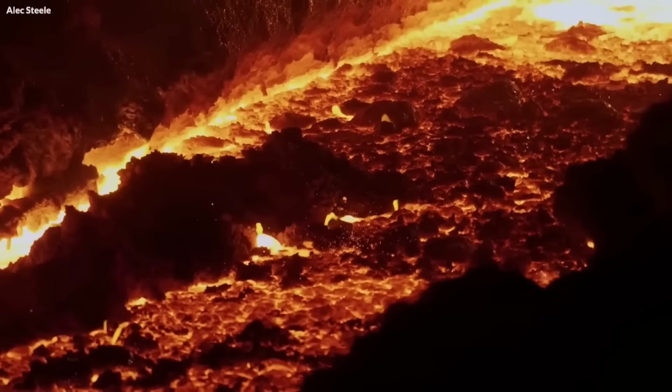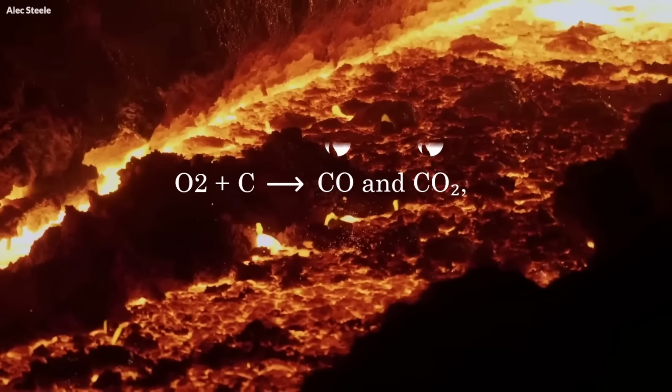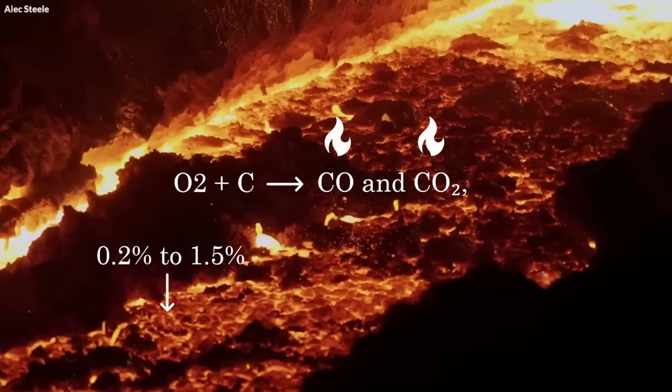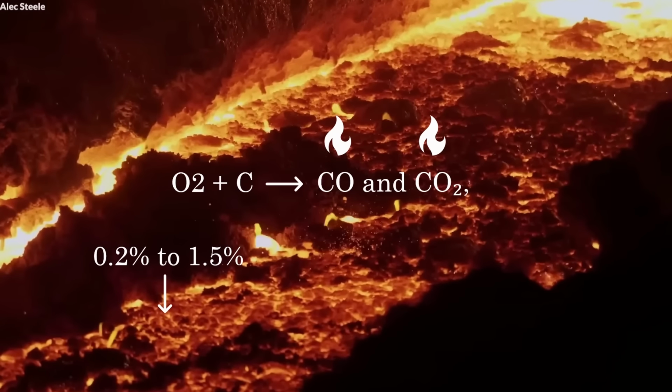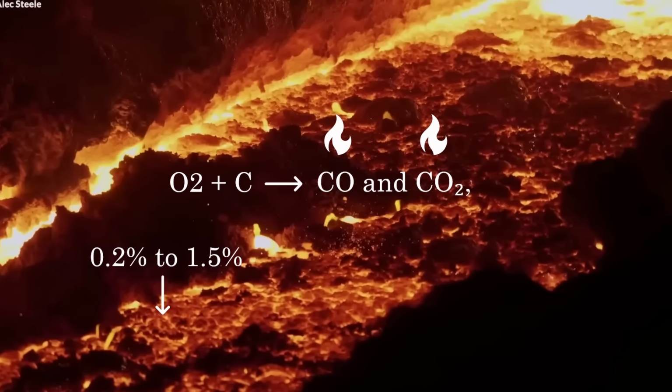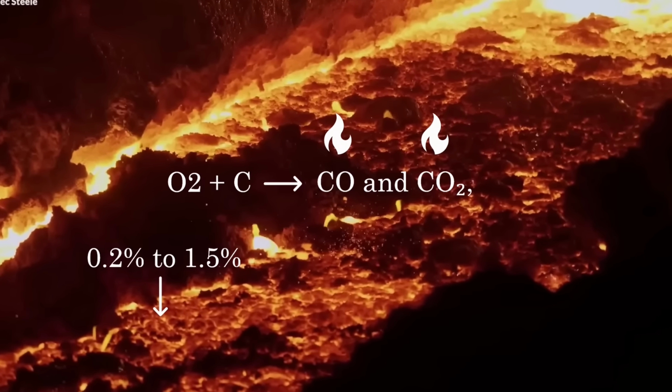The oxygen reacts with carbon to form CO and CO2, and the carbon content drops down to 0.2 to 1.5%, depending on the desired steel grade. Other impurities like manganese, silica, sulfur, and phosphorus are also removed during this step. So yes, in the steel making process, we actually do not add carbon, we remove the excess carbon.